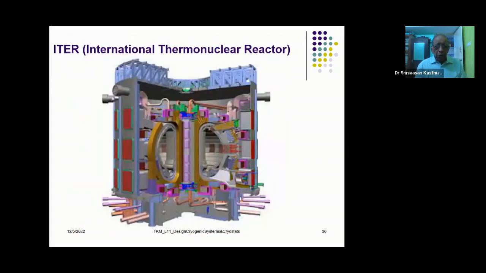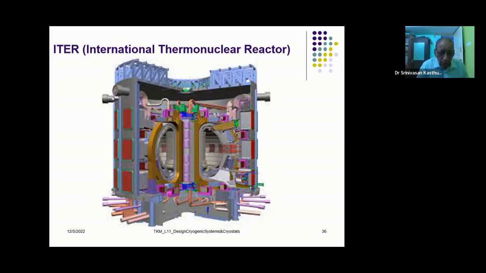Coming to the International Thermonuclear Experimental Reactor, this is one of the very big cryostat systems. It is now under construction, or maybe the construction is more or less completed, in a place called Cadarache in France. This is a joint collaborative program between many countries, maybe 6 or 7 countries.